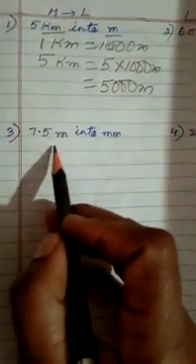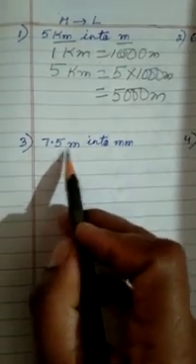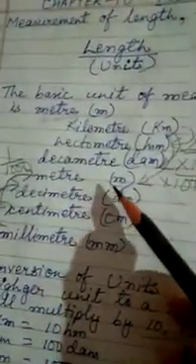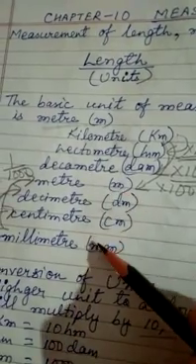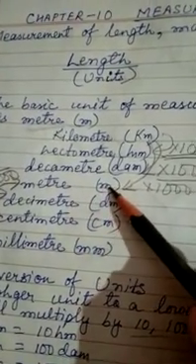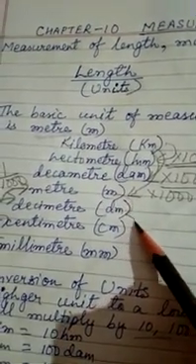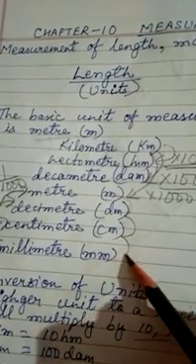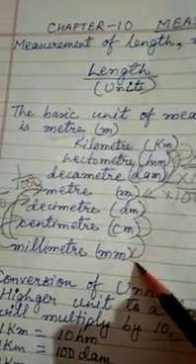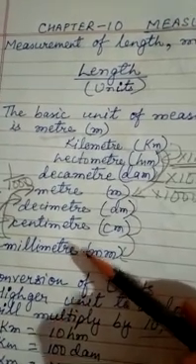Another sum related to the same concept of conversion from higher to the lower unit, like meter to millimeter. As we had discussed just now, from meter to millimeter, you check in this table with which number we have to multiply. Meter to decimeter 10, then again 10, that is 100, then again 10, that is thousand. That means 1 meter is equal to 1000 millimeter.